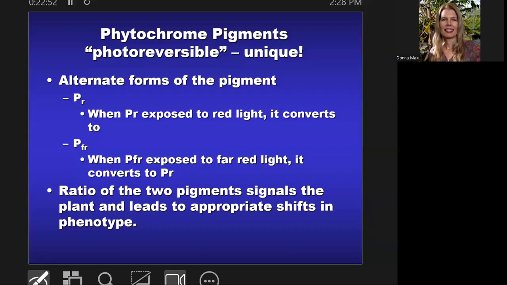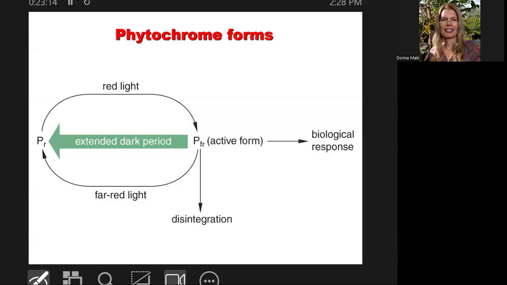They're keying in on that and trying to figure out an appropriate behavioral response to that information. I think this visual is a nice way to think about it, especially the back and forth between the two pigments there.